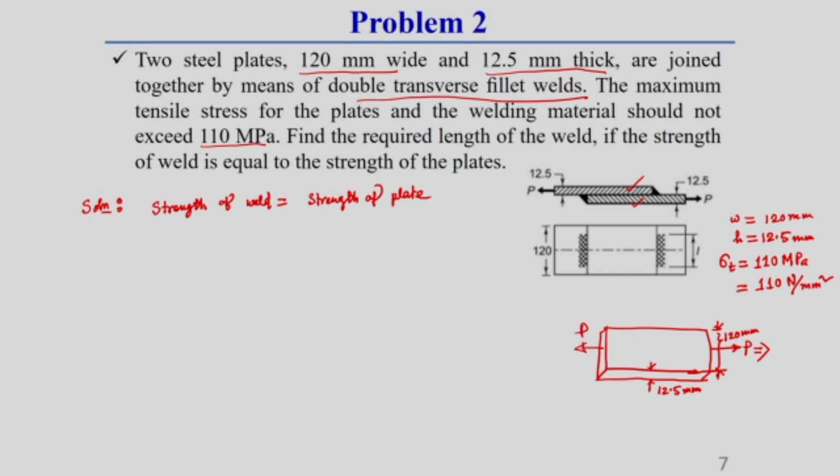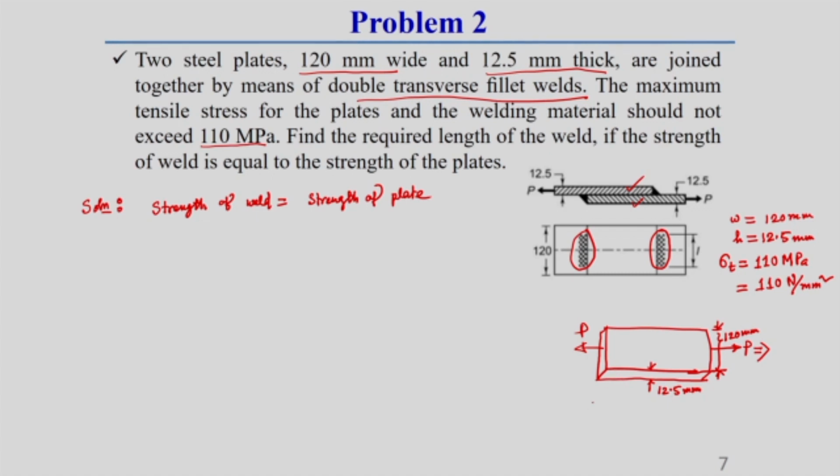One thing you should keep in mind: the stress due to this external load P inside this plate should be equal to the weld strength due to these two equal length transverse plate welds. This concept we will use here.